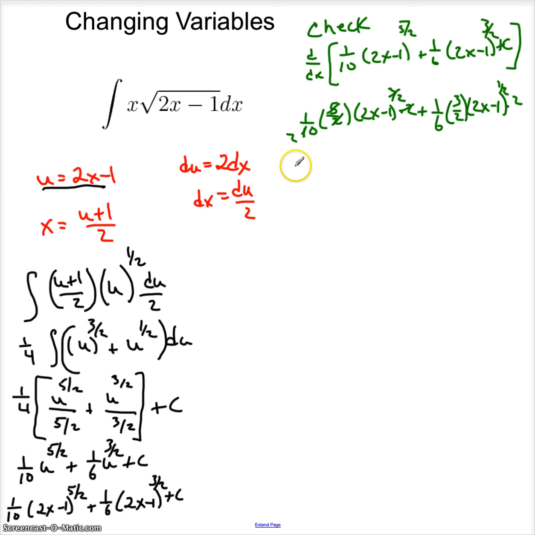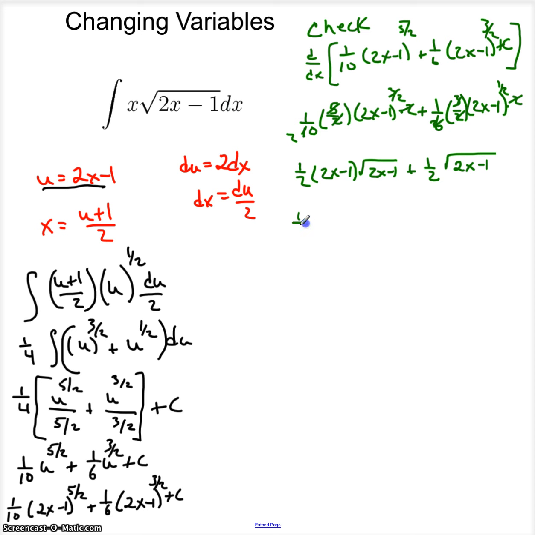So this is 1/2. Now I'm going to write this an interesting way: (2x minus 1) times the square root of 2x minus 1. Plus, that goes away, that goes to 2, plus 1/2 times the square root of 2x minus 1.